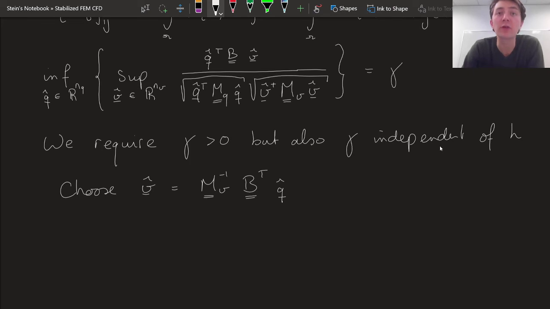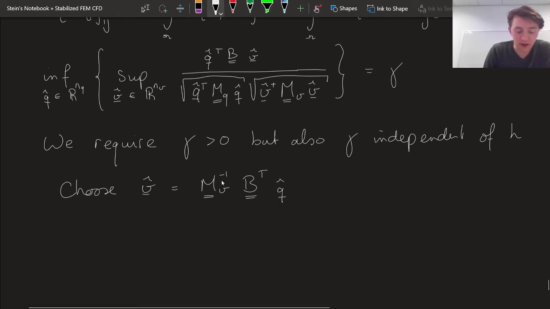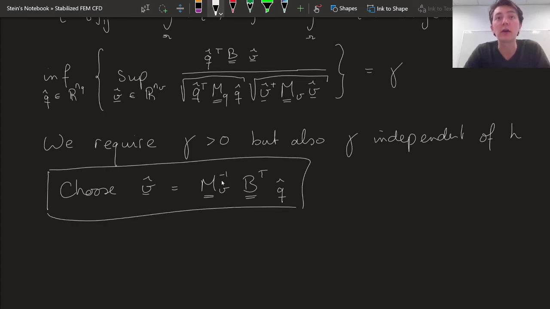Now the inverse of the mass matrix always exists. So why did I make this choice? Well, if I make this choice, then the equation that I'm trying to solve simplifies quite a bit. I get all kinds of symmetries in my equation, and actually some parts even cancel, right? So I played around until I found a relation between V and Q that gave me such properties. So what do we get if I substitute V hat like this in the above relation?